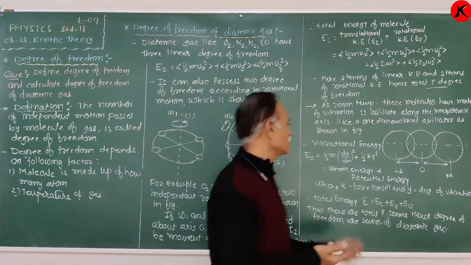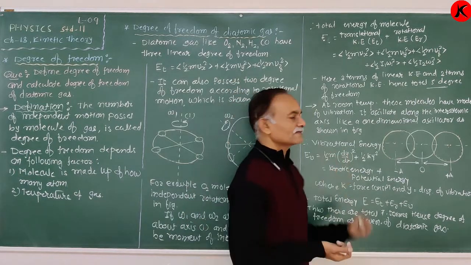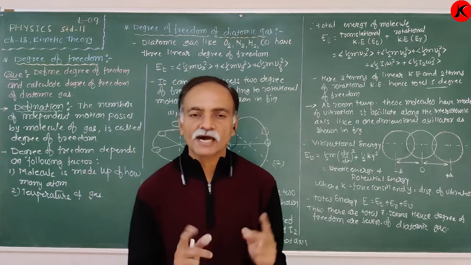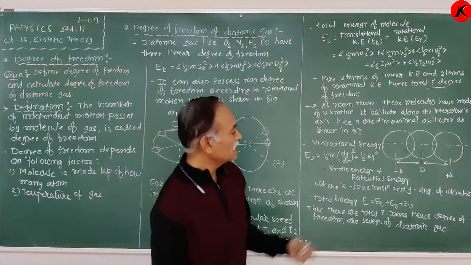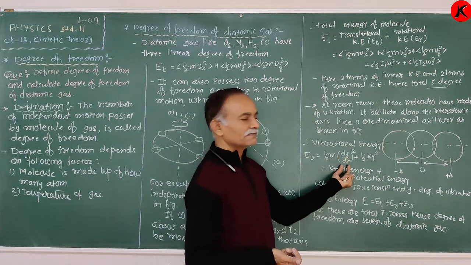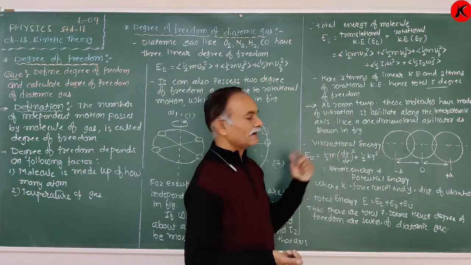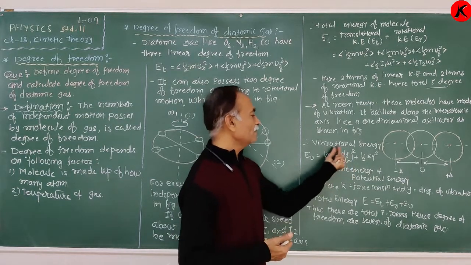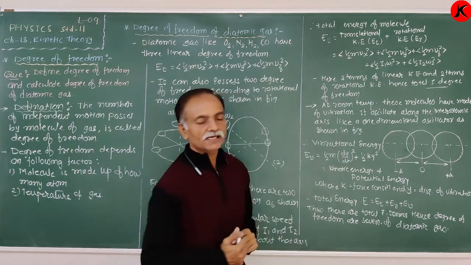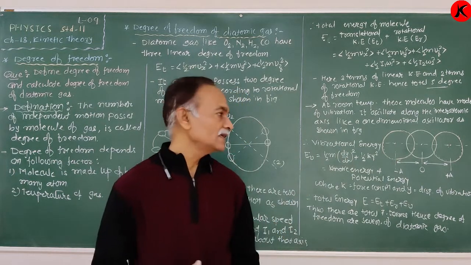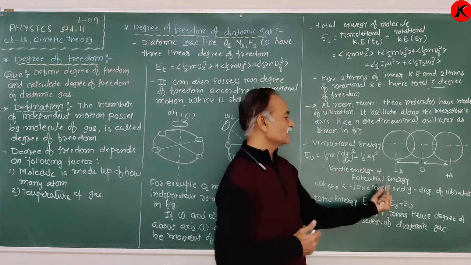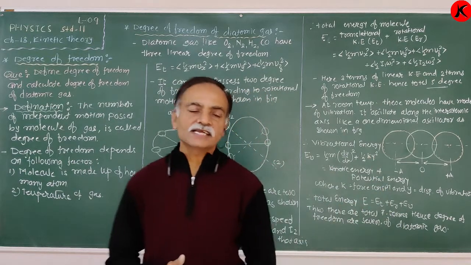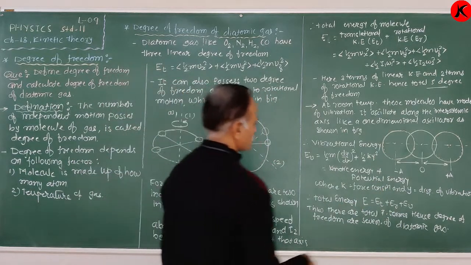Kinetic energy is half m (dy/dt) square, because kinetic energy is half m v square, where v is the change in displacement with respect to time, that is dy/dt. Half k y square is the potential energy, where k is the force constant and y is the displacement of vibration.